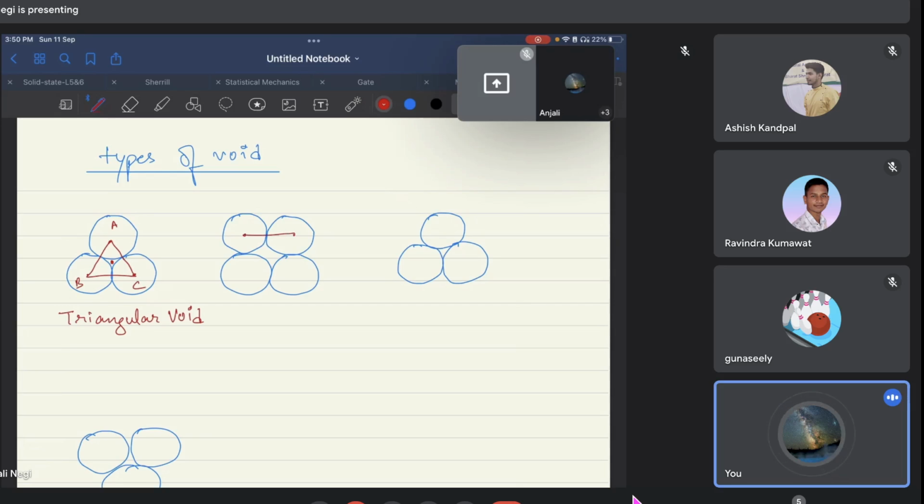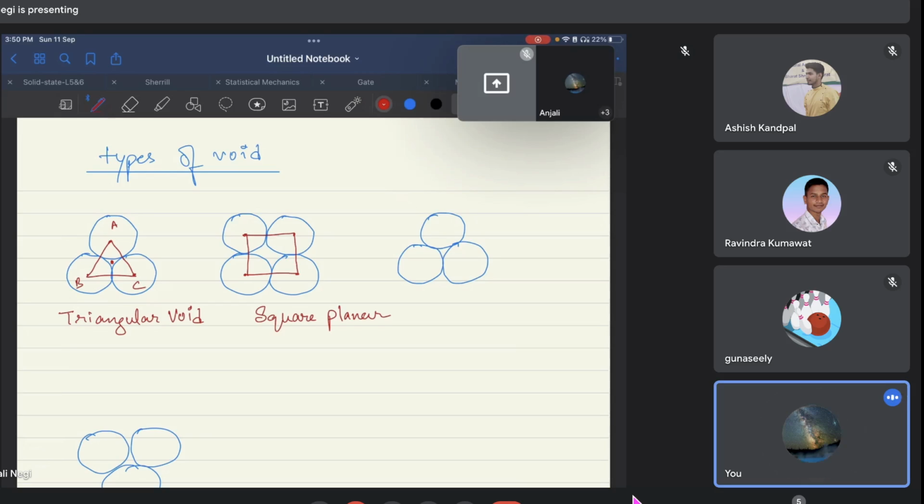So what should it be? This is the square plane. This void is again formed by the touching of 4 spheres in the same plane, and that is why it's a square planar void.